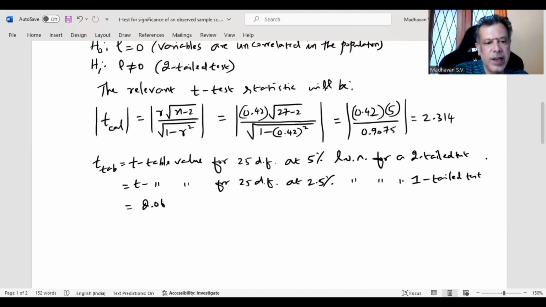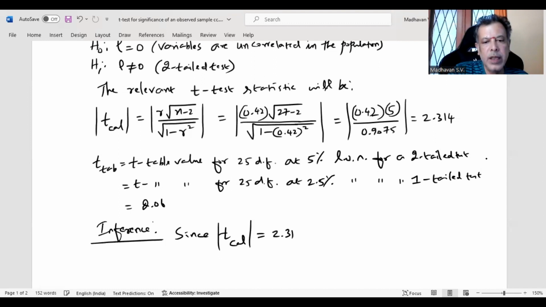Based on this, we can infer that since the modulus of t calculated, 2.314, is larger than t-tab, 2.06, we reject H0.